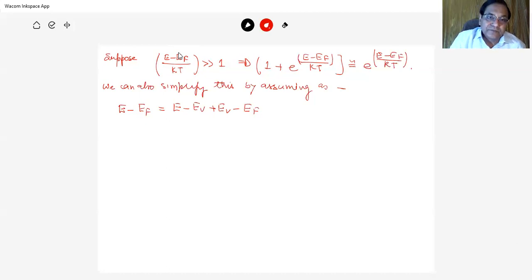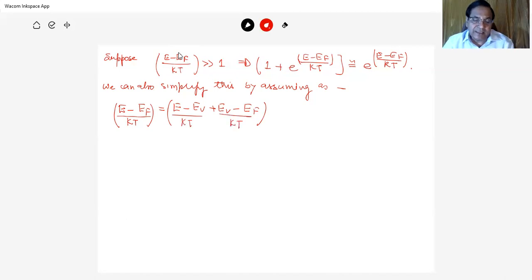And if we divide by KT, explicitly this is divided by KT, and this is also divided by KT. And we can take this value in the form of an exponential.